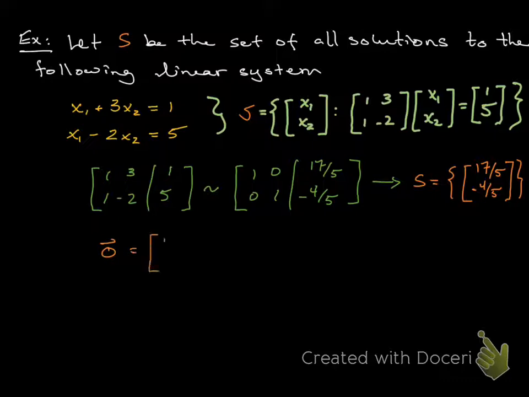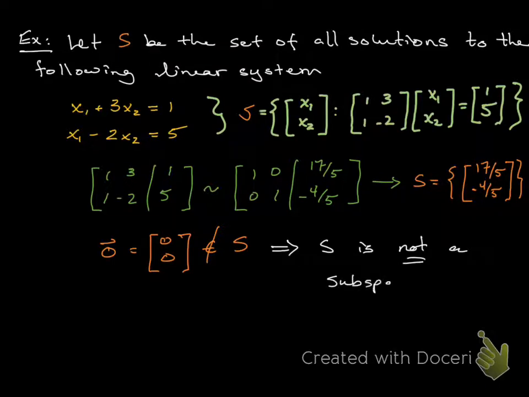The zero vector 0, 0 is definitely not the same as my solution vector. 0, 0 is not in S, so S is not a subspace of R2. That's just it. We look to violate one of those 3 criteria to be a subspace, or just the situation we're in. Does it violate one of those criteria?